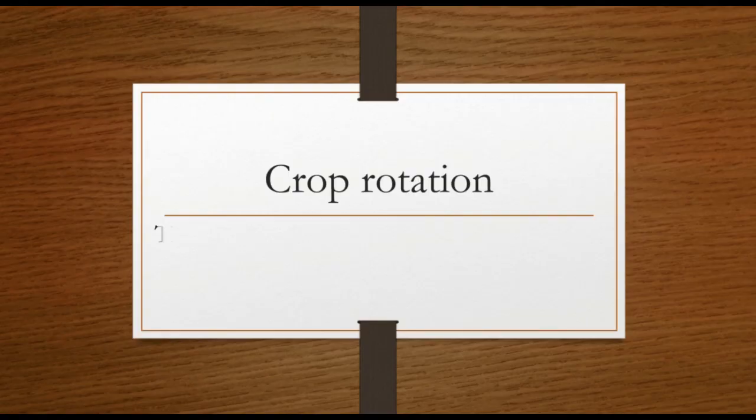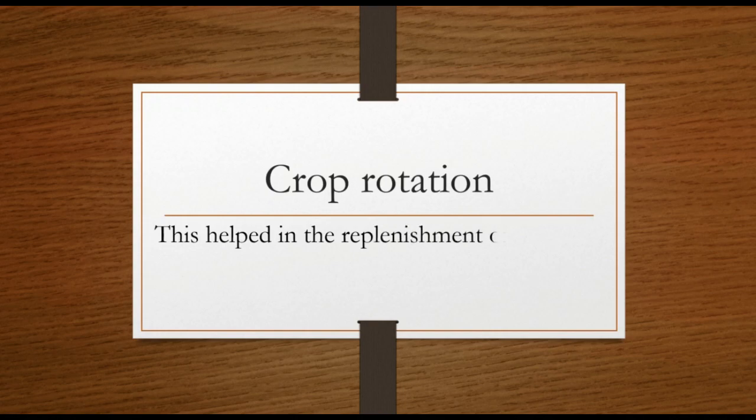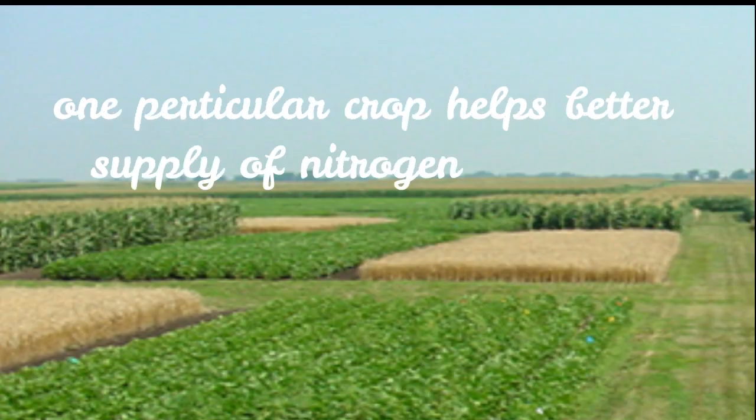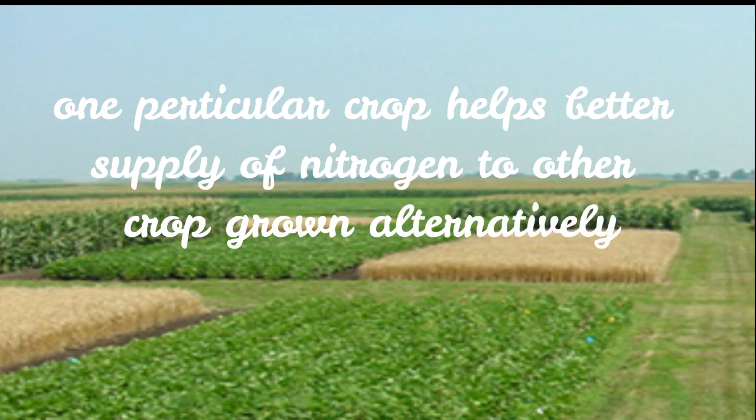Growing the same crop in the same place for many years gradually reduces the nutrition level of the soil, and that gives a problem in better yield. And therefore, different types of crops are grown in the same area in different seasons to get a better yield. We shall see once again in the next video in detail about the crop rotation.